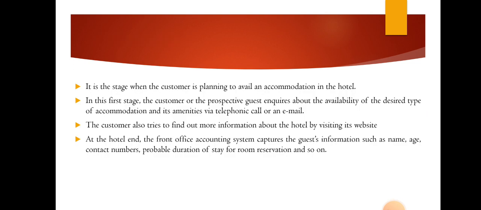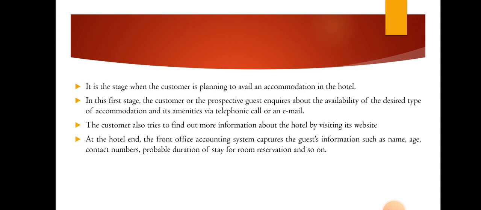Pre-arrival. It is the stage when the customer is planning to avail accommodation in the hotel. In this first stage, the customer or the prospective guest inquires about the availability of the desired type of accommodation and its amenities via telephone call or an email.